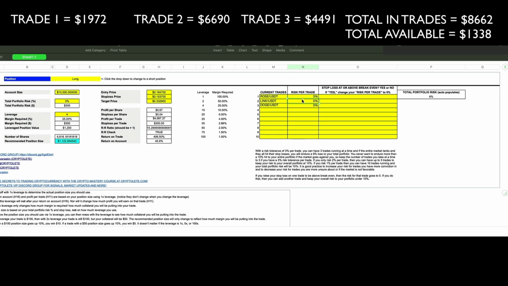And the other thing that you could do in this situation is raise the leverage for your Link trade from 1x to literally whatever you want, because your risk for that trade is now 0.